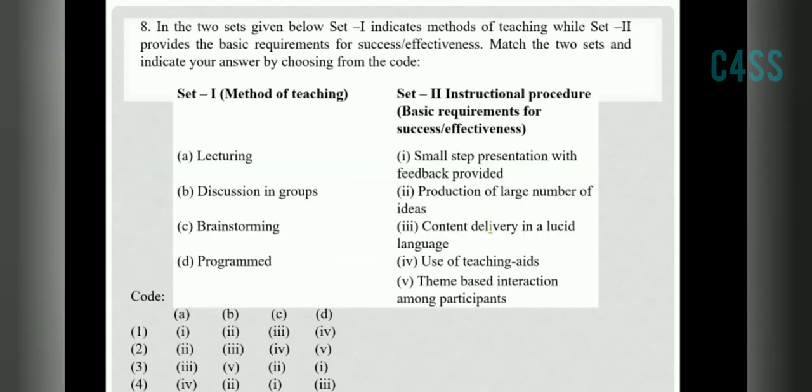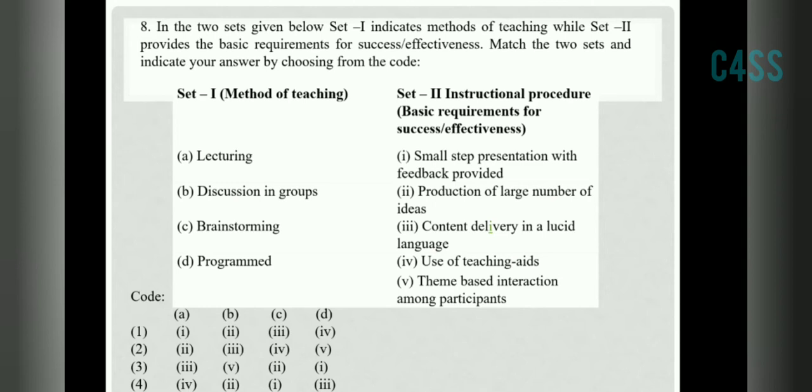In the two sets given below, set 1 indicates methods of teaching, while set 2 provides the basic requirements for success or effectiveness. Match the two sets and indicate your answer by choosing from the code. Set 1: method of teaching: lecturing, discussion in groups, brainstorming, and programmed learning.